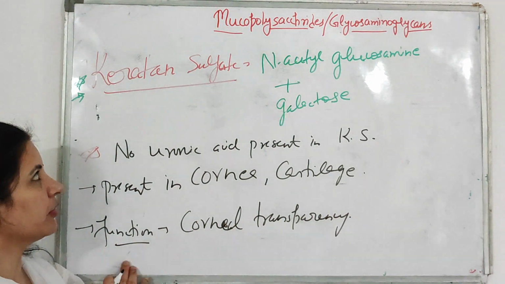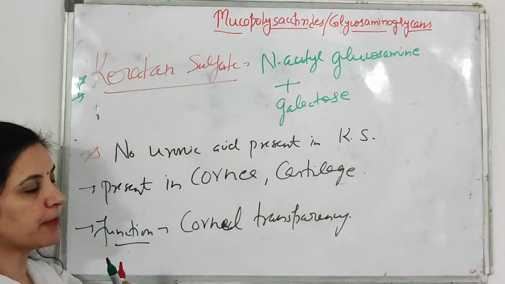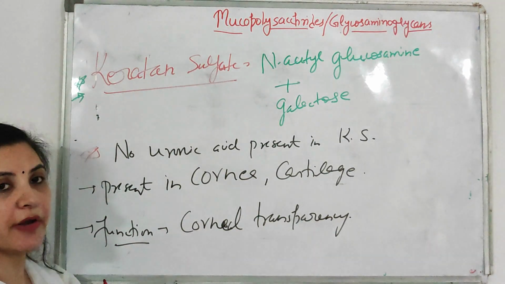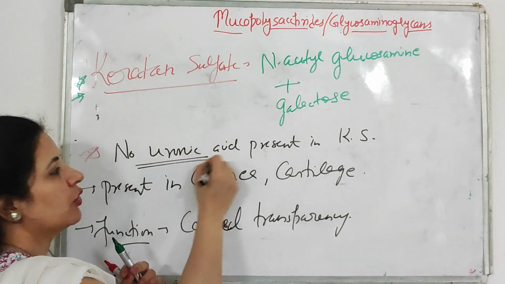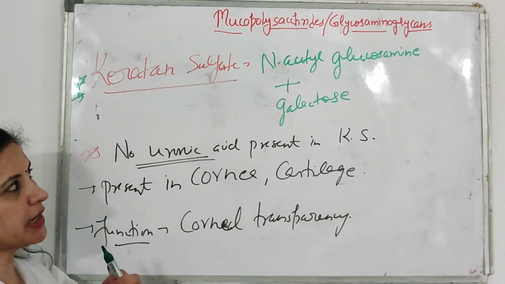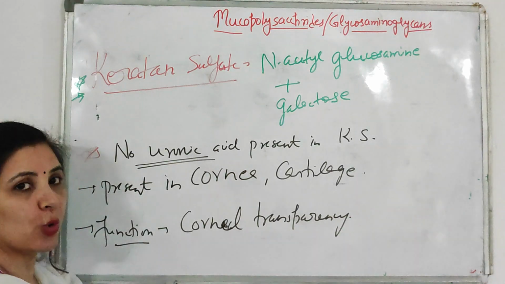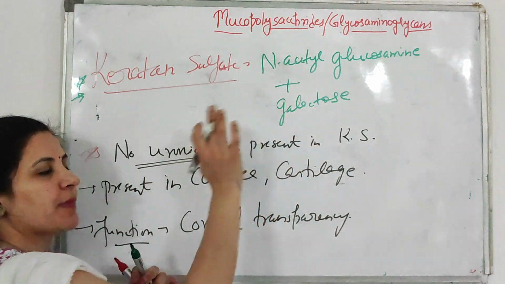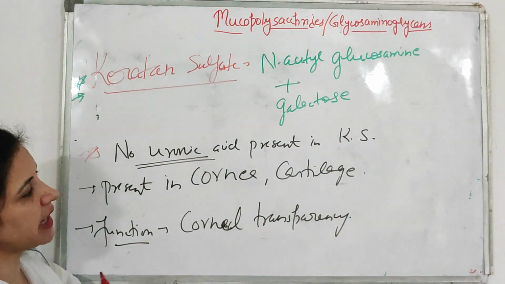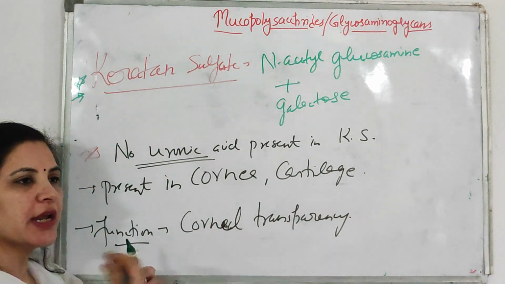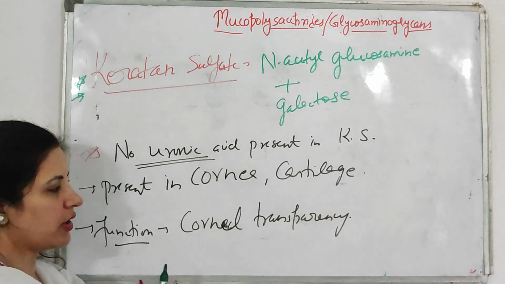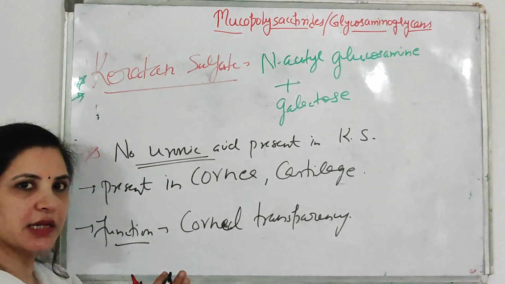So remember the important points: keratan sulfate is the only GAG which doesn't have any uronic acid. Its composition is N-acetyl glucosamine plus galactose. Instead of uronic acid, galactose is there, and it is present in your cornea and cartilage. Its function is to provide transparency to the cornea, or you can write corneal transparency.